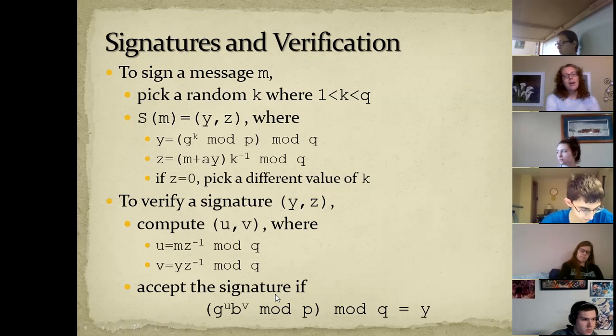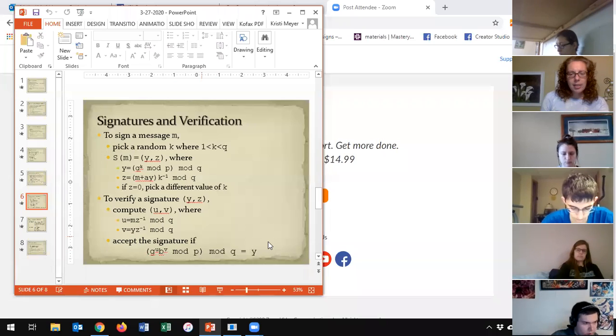So that's the reason that we say signing a message is fast, but verifying a message is slow. All of the talking points are on the very last slide, so you can look at those. But signing is fast and verifying is slow. Okay? That is DSA.